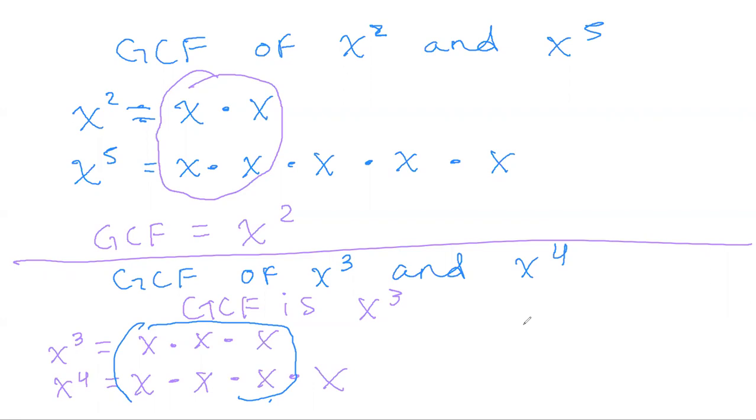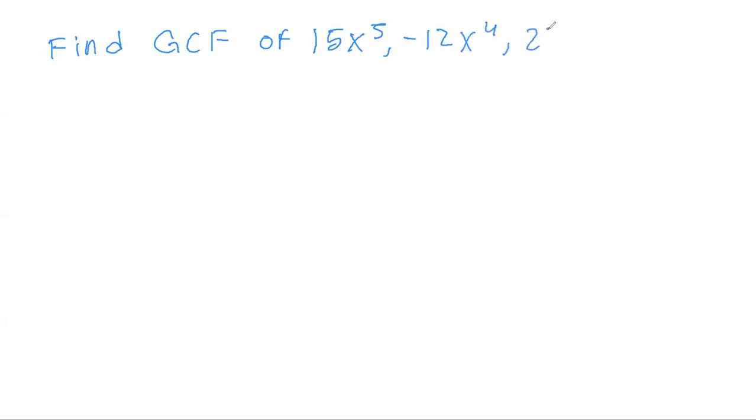All right, so let's try to find the GCF of 15x to the fifth, negative 12x to the fourth, 27x cubed, and negative 3x squared.